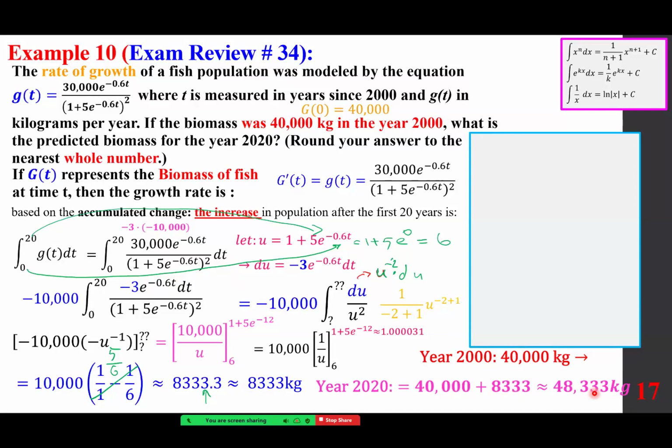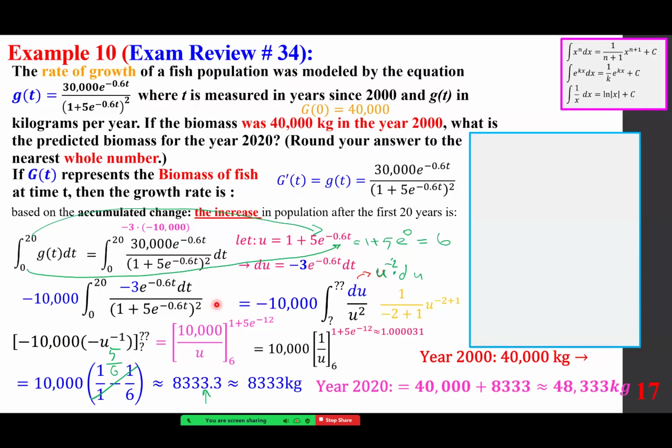I also want to remind you of the second method we looked at, and that was, instead of finding the definite integral, we're going to go with the indefinite integral, and then the initial value g of 0 equals 40,000 will give us the constant. We've gone through the process, so we're not going to repeat any of this.